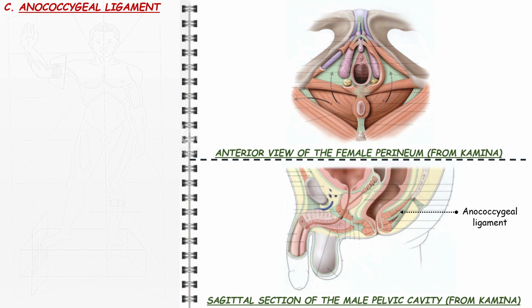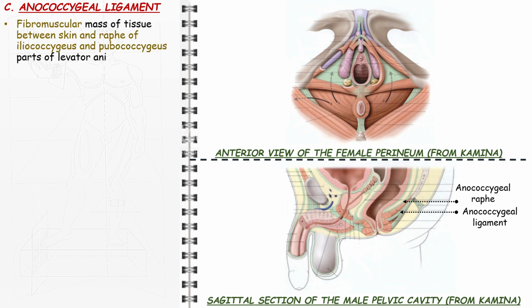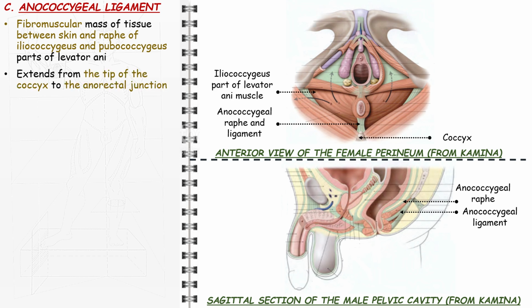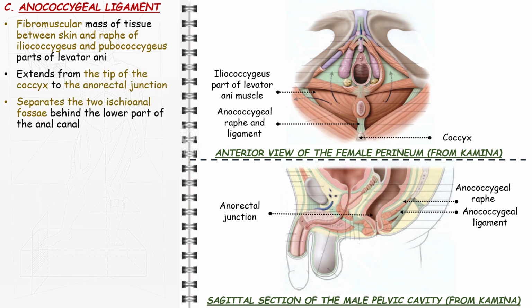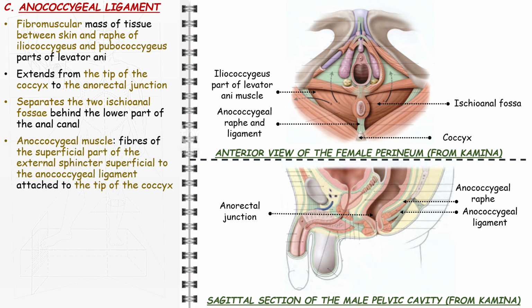In the midline space between them is a fibromuscular mass of tissue, the anococcygeal ligament, which separates the two ischioanal fossae behind the lower part of the anal canal. Fibers of the superficial part of the external sphincter pass superficial to the anococcygeal ligament to become attached to the tip of the coccyx, forming the anococcygeal muscle. Lateral to this, the sacrotuberous ligament limits the fossa.